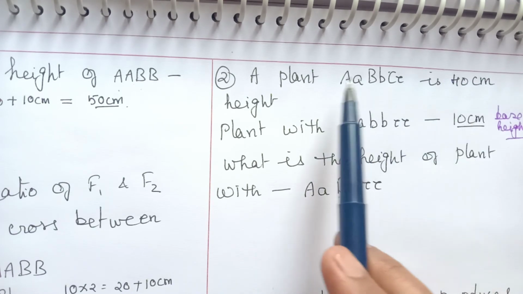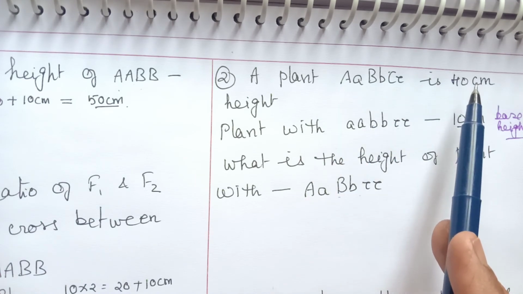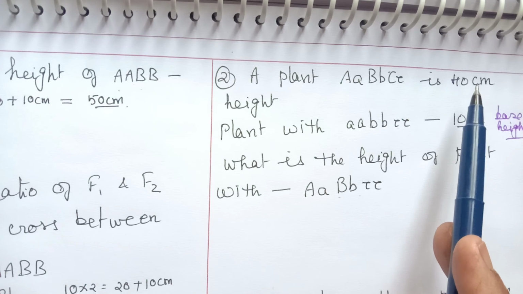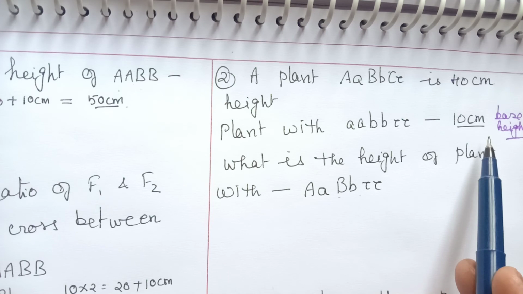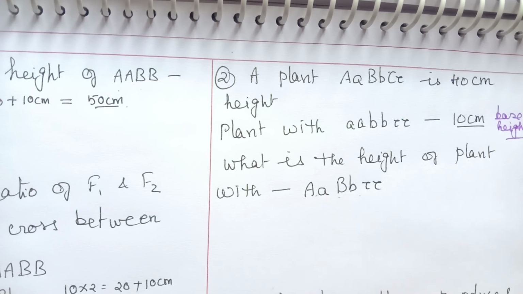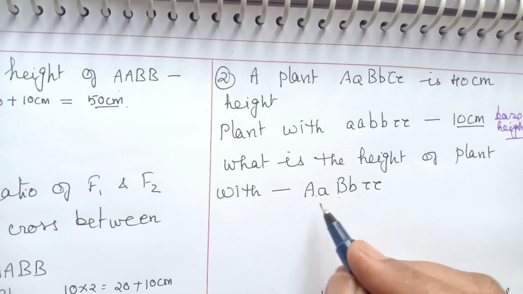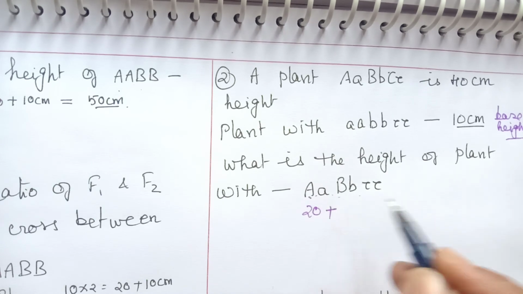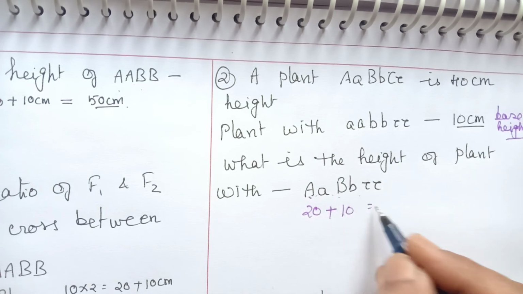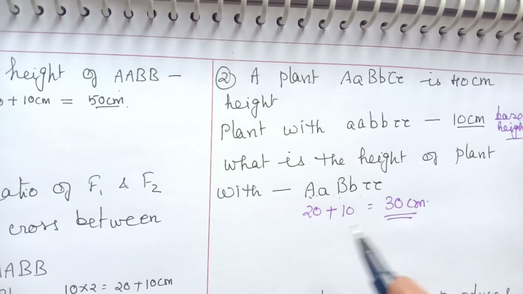Base height is given as 10 centimeters, and here we find 2 dominant alleles. So 2 dominant alleles will be equal to 10 plus 10, that is 20, plus base height 10. So we will get here 30 centimeters. This is how we have to do this.